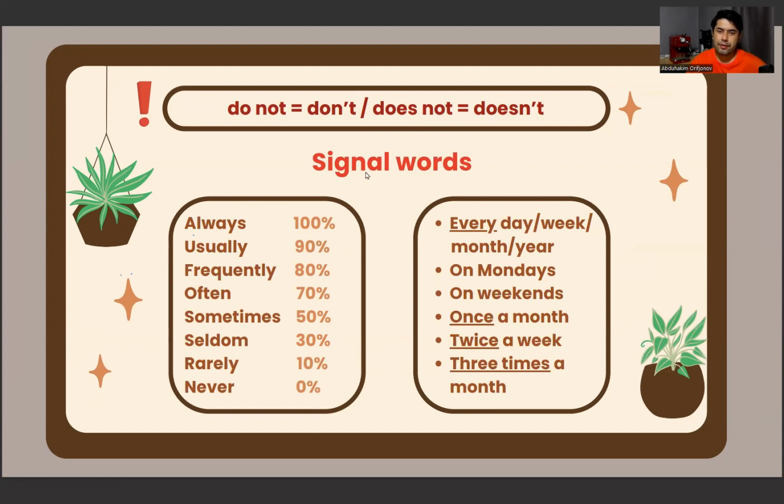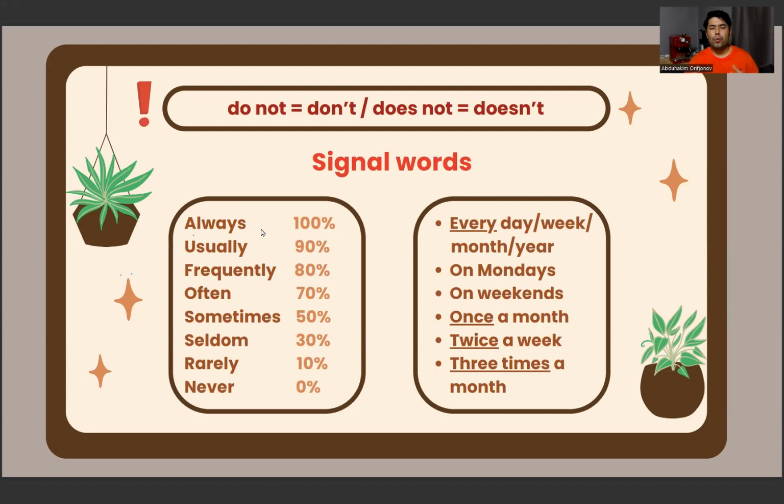And here are signal words of present simple to do. Well, these are the adverbs and these are the time expressions. We use them in our sentences. Well, according to the degree of the adverbs, we learn in this way.